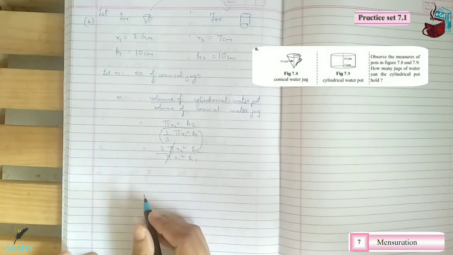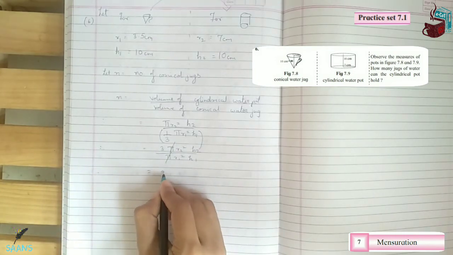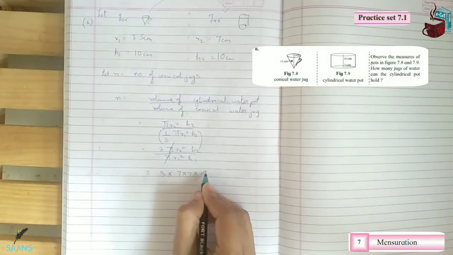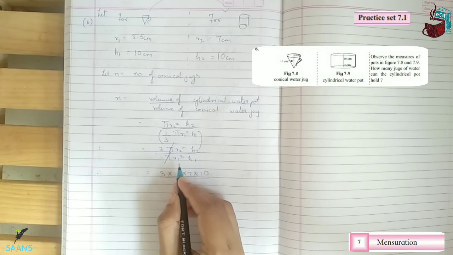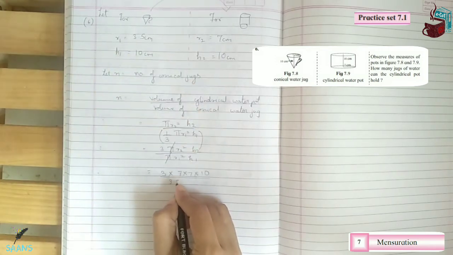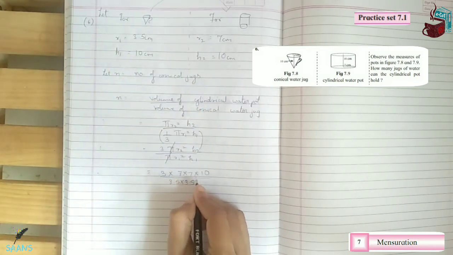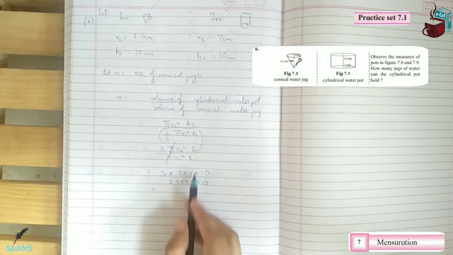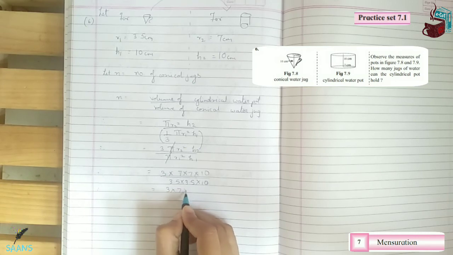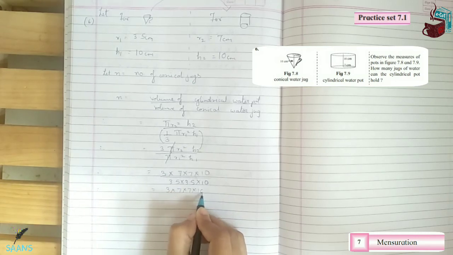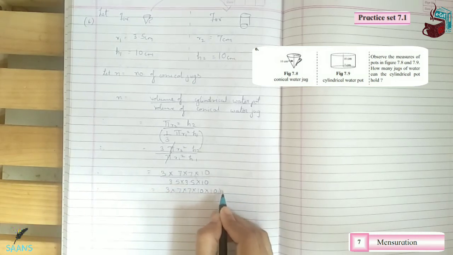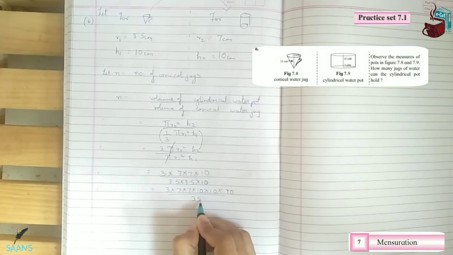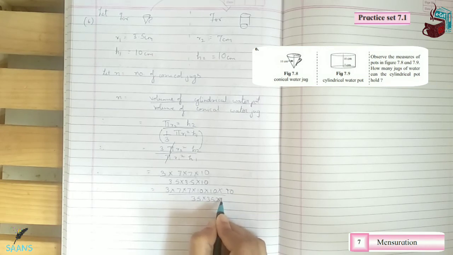Now substitute the values. You get 3 into 7 into 7 into 10 upon 3.5 into 3.5 into 10. See what I do: the decimal point goes up in each, so it becomes 3 into 7 into 7 into 10 into 10 upon 35 into 35 into 10.